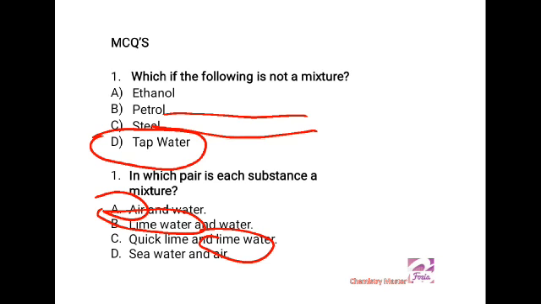Both of them are not, and you are asked to select the option in which both of the samples in a pair are mixtures. So what do you think about the composition of seawater and air?